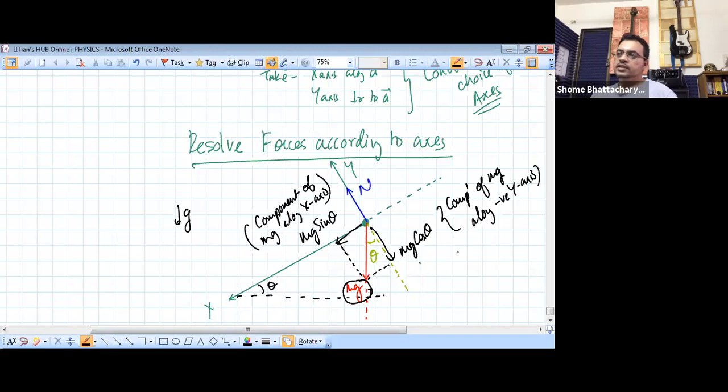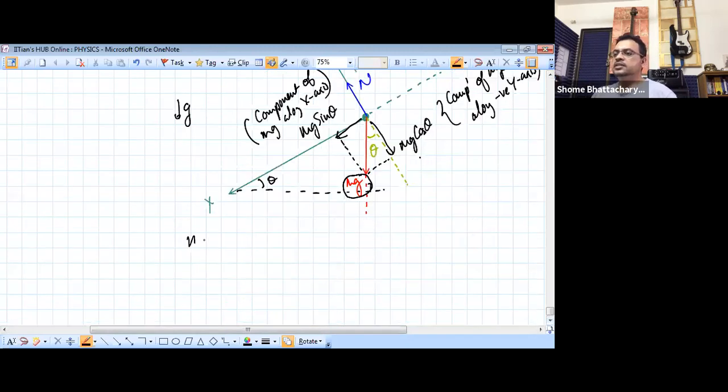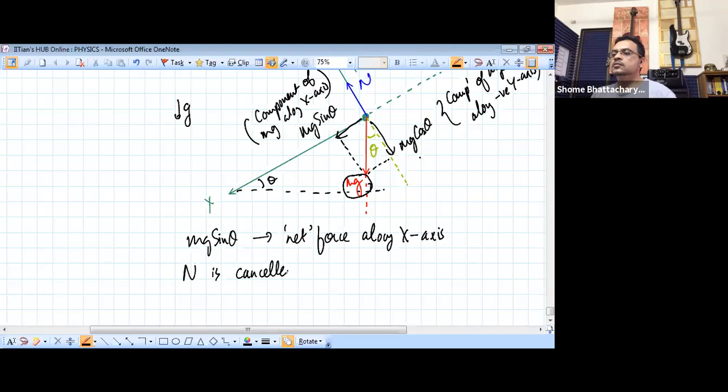Next thing we can see is that mg sin theta becomes the net force along the x-axis, whereas N is cancelled by mg cos theta, because N is along the positive y-axis and this is along the negative y-axis.